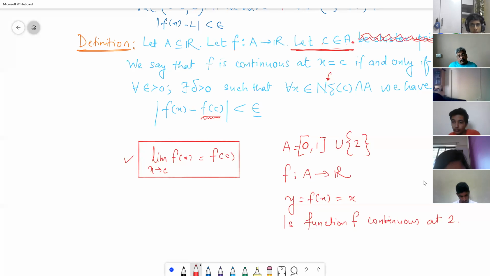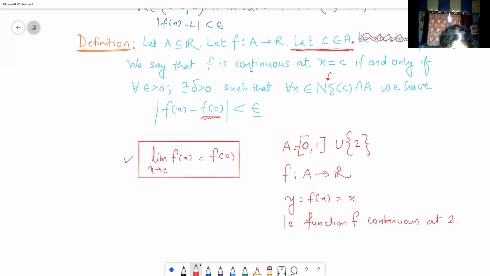So can we not say that by definition also 2 is continuous? By definition? Sir, f is continuous at 2. Yes, I am saying that only. By definition, f is continuous, because we are not taking a deleted delta neighborhood, we are taking a delta neighborhood.